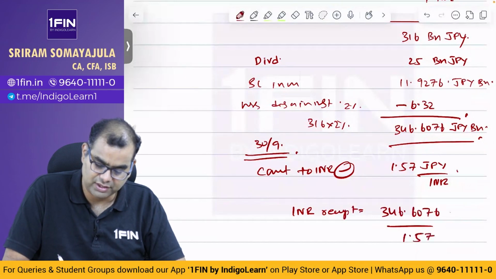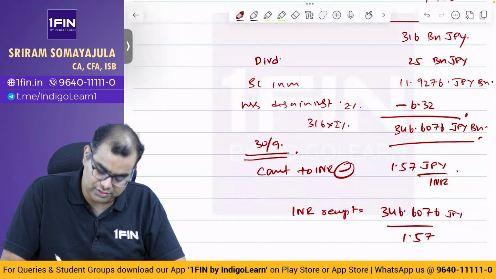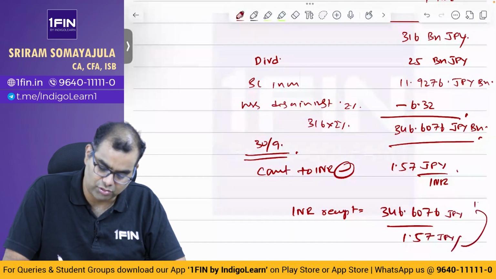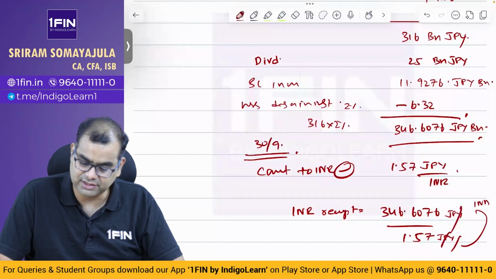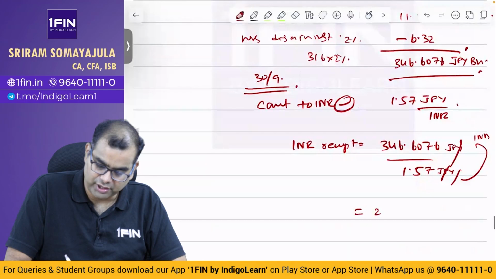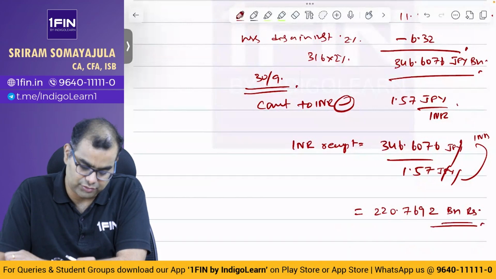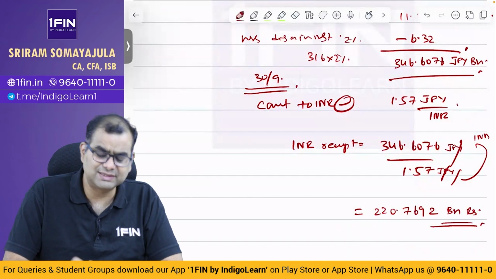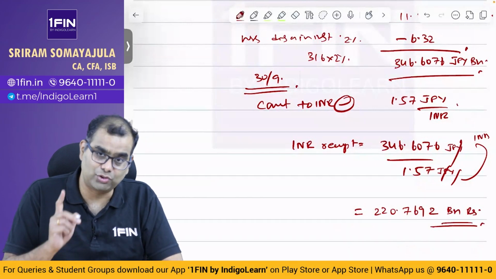This is JPY, this is JPY by INR. So INR will go here, JPY cancels, and you get the answer in INR. So you get 220.7692 billion rupees. Okay, this is the money that you will get back in rupee terms if you go with the first alternative.